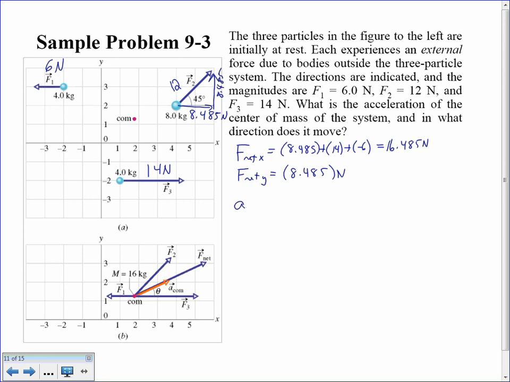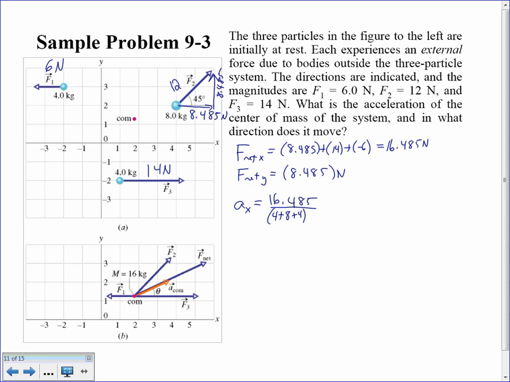If I wanted the acceleration, just the x component of the acceleration, it would be 16.485 newtons divided by, and this is where I have to be careful, I have to make sure that I use the total mass. So the total mass is 4 kilograms plus 8 kilograms plus 4 kilograms.